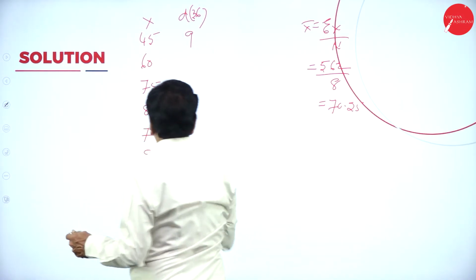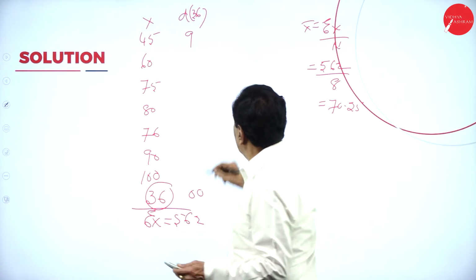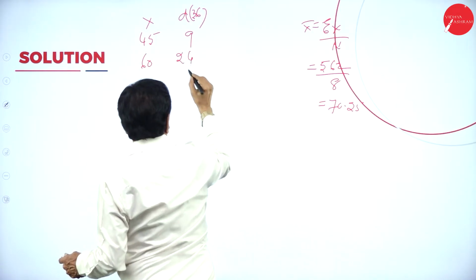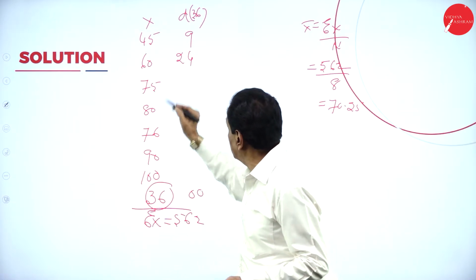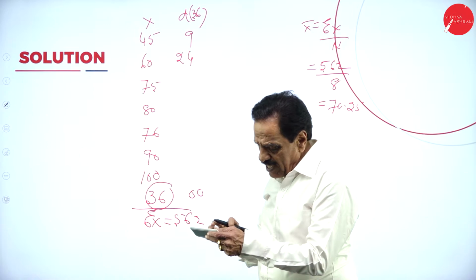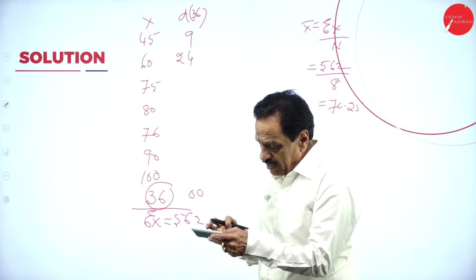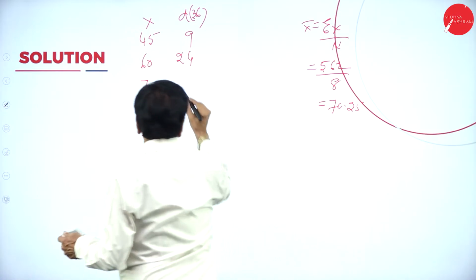Then 60 minus 36 is 24. 75 minus 36 is equal to 39.